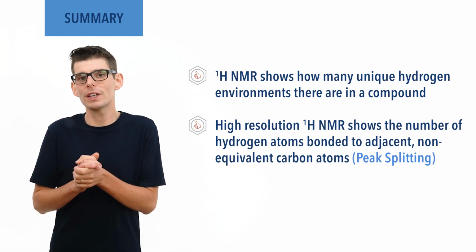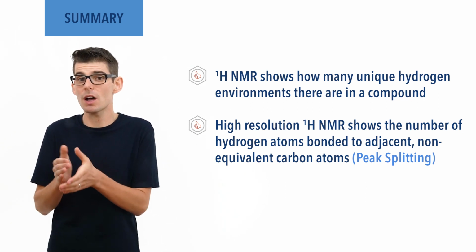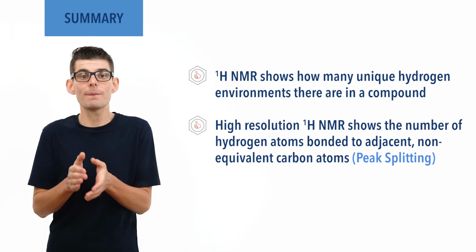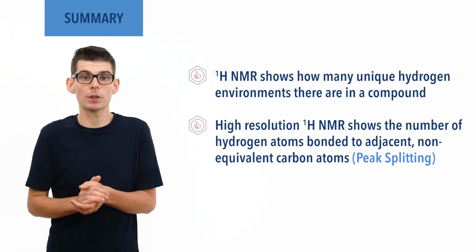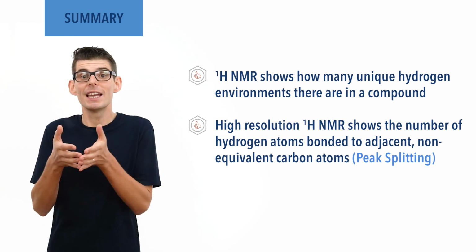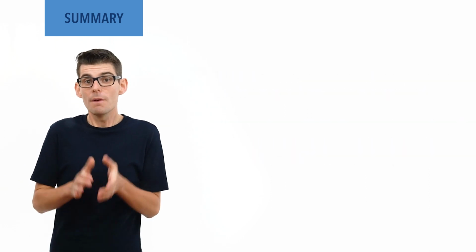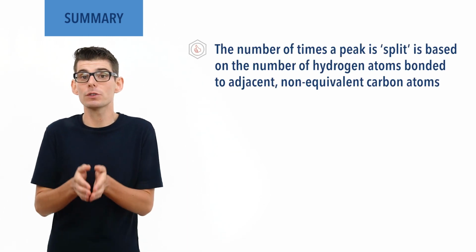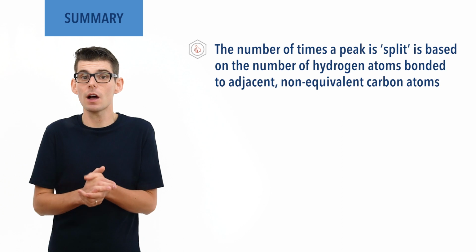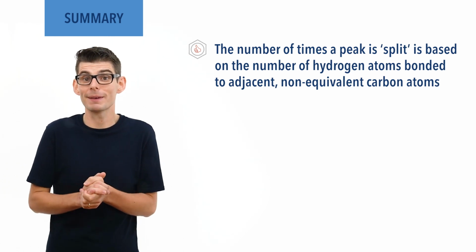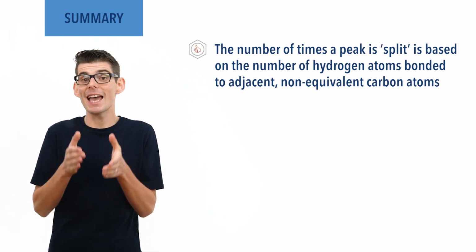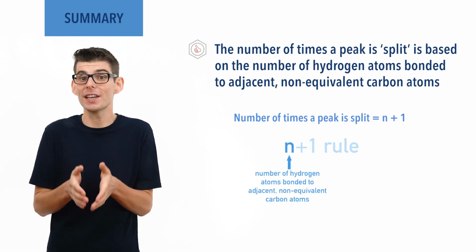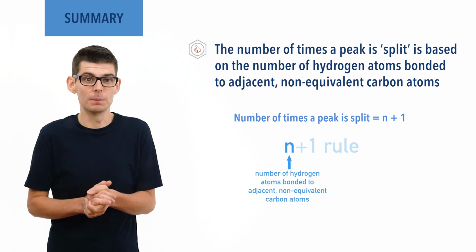The protons on adjacent non-equivalent carbon atoms can either make it slightly easier or harder to flip the spin of a given proton in a molecule, splitting its peak in an NMR spectra. The number of times a peak is split is based on the number of protons on adjacent non-equivalent carbon atoms, and complex splitting patterns can form, given an n+1 rule, where n is the number of hydrogens bonded to adjacent non-equivalent carbon atoms.